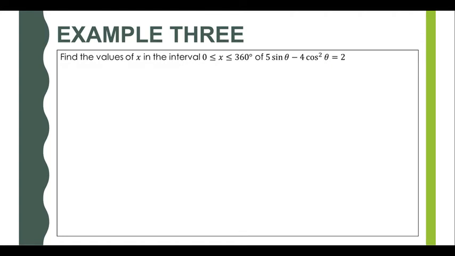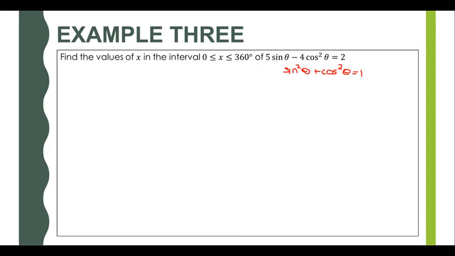For this last question, I'm asked to solve a quadratic trig equation in the range 0 to 360 degrees. However, this time my trig equation is in terms of both sine and cos, so I need to eliminate one of those variables. And to do this, I use my identity: sine squared theta plus cos squared theta is equal to 1.